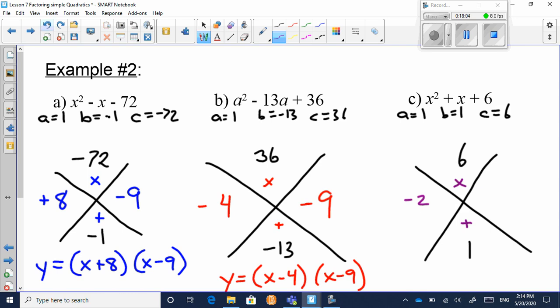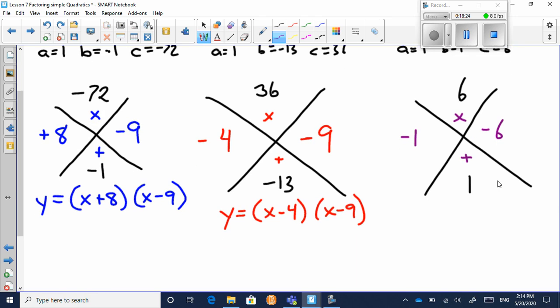Let's try a couple more. How about 1 and 6? Well, that multiplies to 6, but it adds to 7. And if you made it -1 and -6, that would multiply to 6 but add to -7. And so I think what you're seeing here is that this one does not work. So for this one, you would say there are no factors. So you can get situations where it's not going to work.